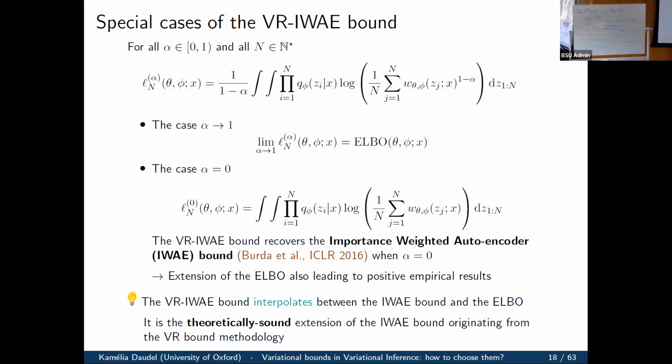If that's what we wanted to achieve, to interpolate between the IWAE bound and the ELBO in a sound manner using those alphas, this was the way to do it. Okay.